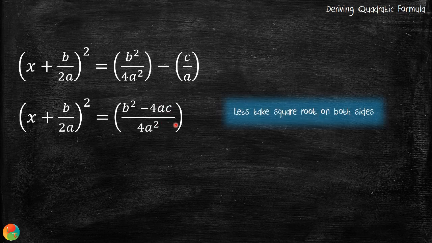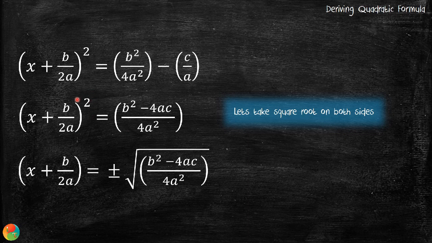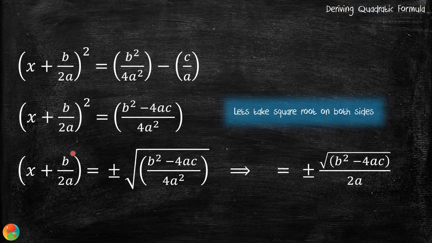In the next step, I'll take square root on both sides, such that the left hand side becomes x + b/2a and right hand side becomes ± under root of (b² - 4ac)/4a². So the right hand side can also be written as ± under root (b² - 4ac)/2a.